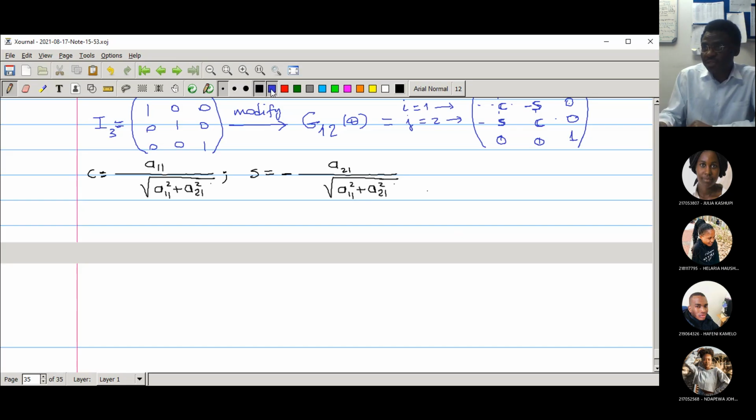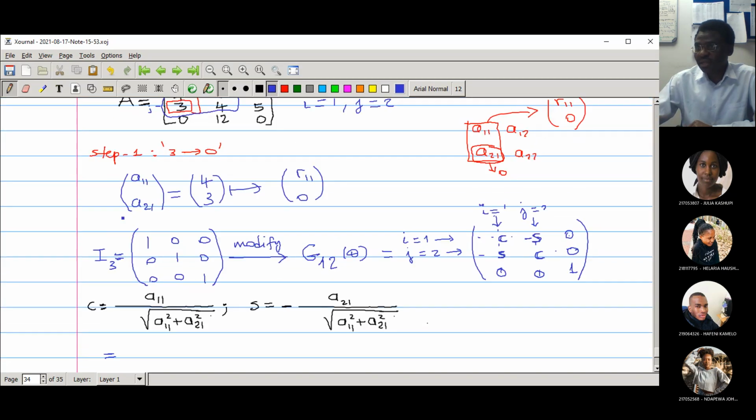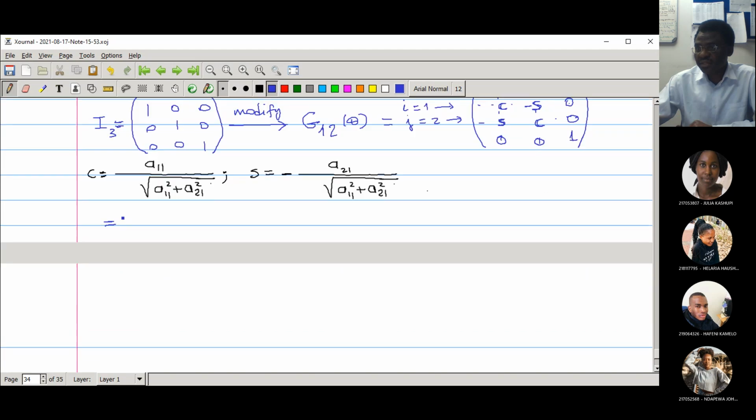So I will proceed with the calculations. A11 is 4, and A21 is 3.